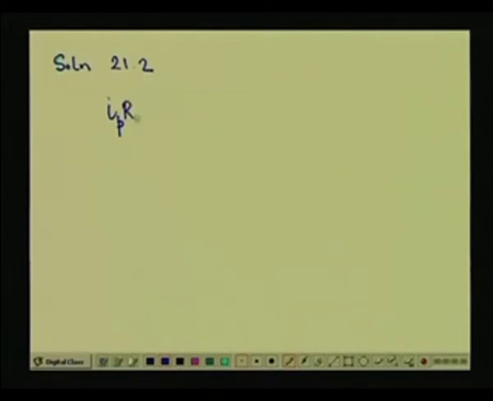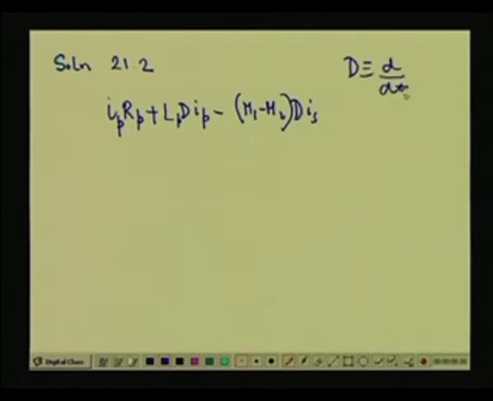Ip Rp plus Lp D Ip, D is the delta operator, we have seen that many times before, M1 minus M2 D, that means D means, as we know, d by dt, right.